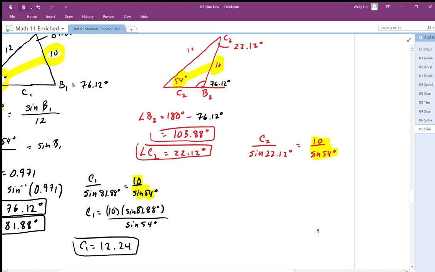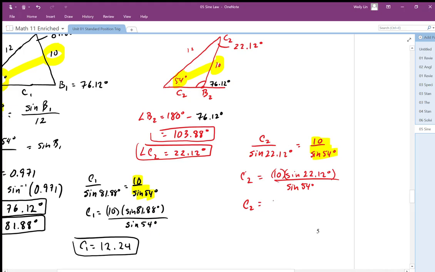So I end up solving for my C2 length. C2 is equal to 10 times sine of 22.12 degrees divided by sine of 54 degrees. The length of C2 works out to be, 10 times sine 22.12 divided by sine 54, and I'm getting 4.65.